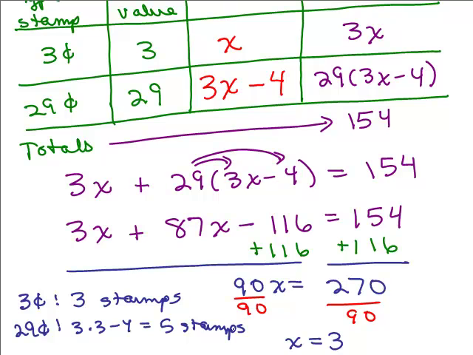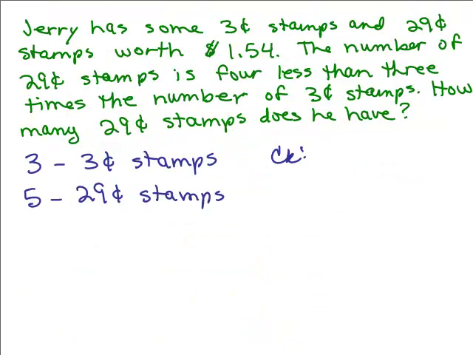But before we write that answer, we want to make sure that if we had 3 3-cent stamps and 5 29-cent stamps, is it really worth $1.54? Because that was the original problem. He had some 3-cent stamps and 29-cent stamps, and their total worth should be $1.54. We got 3 3-cent stamps.